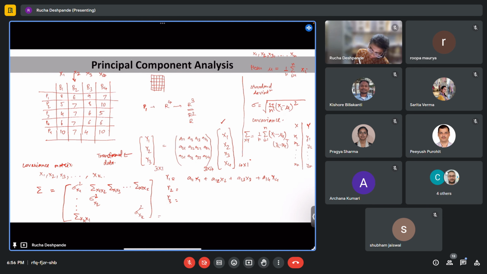And this can also be written as, where C is my matrix containing these variables.